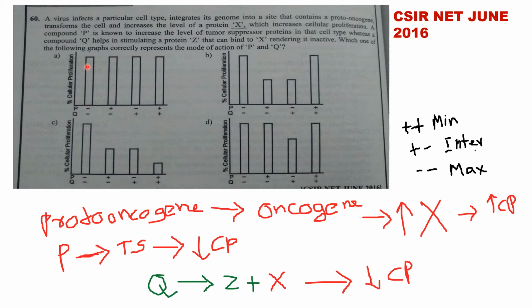That is correct. Here P is present but Q is absent. But cell proliferation is maximum. So that is not possible. This is not possible. Next.